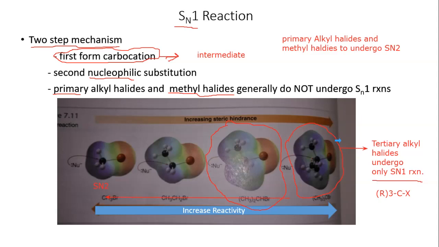So the less steric hindrance you have, or the less substituted alkyl halide you have, the more likely it's going to undergo SN2 reactions. So things like methyl halides and primary alkyl halides, that's why they undergo only SN2 reactions, because there's less steric hindrance, therefore the nucleophile can attack from the backside.